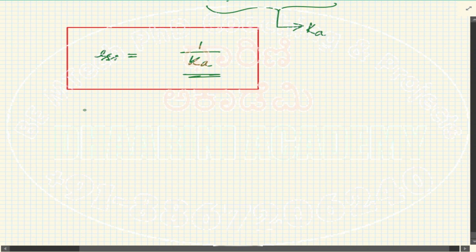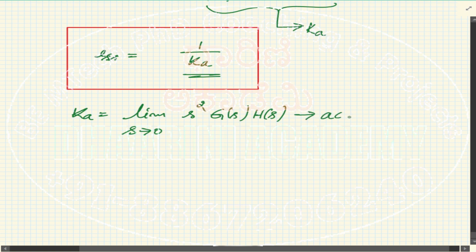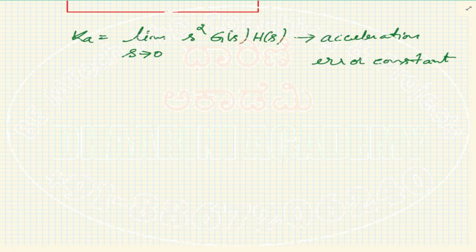Ka is equal to limit s tends to 0 of s square into G of s into H of s, called the acceleration error constant. Is it okay? All right. So these are the three different types of errors that exist over this.